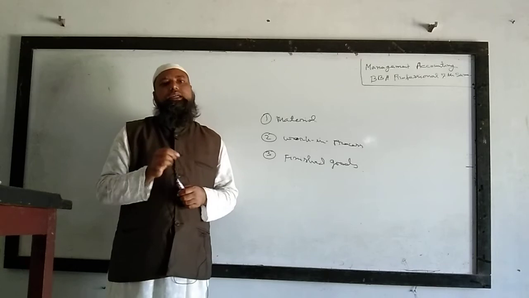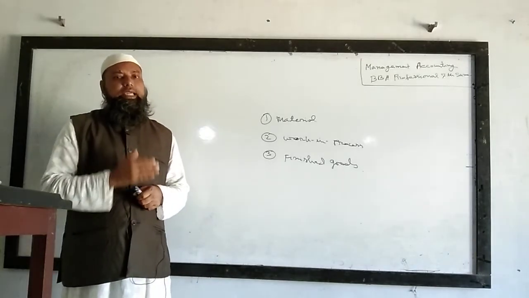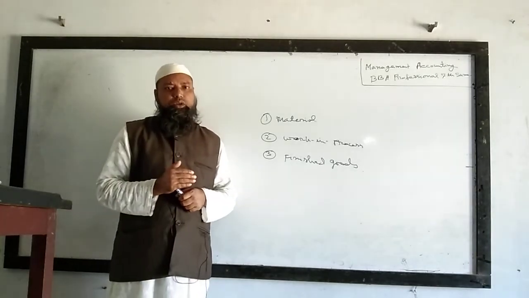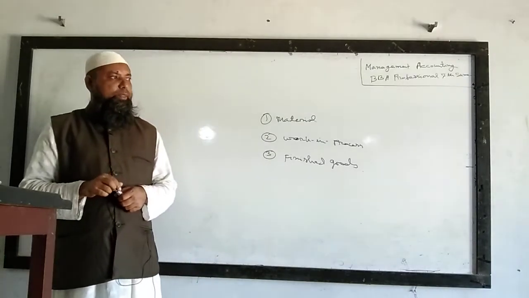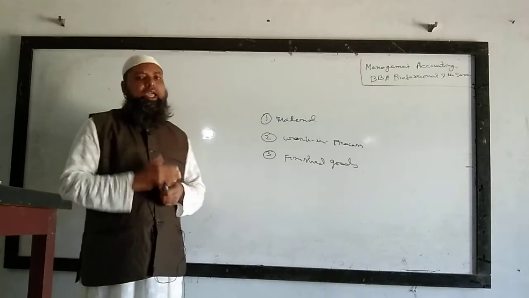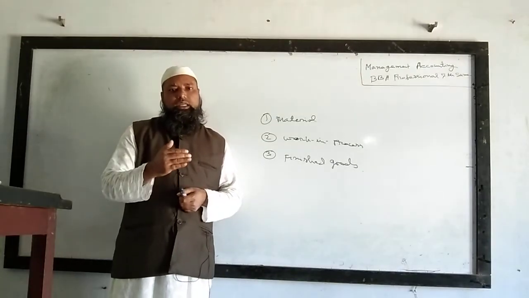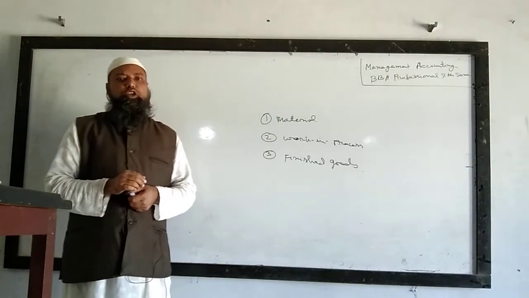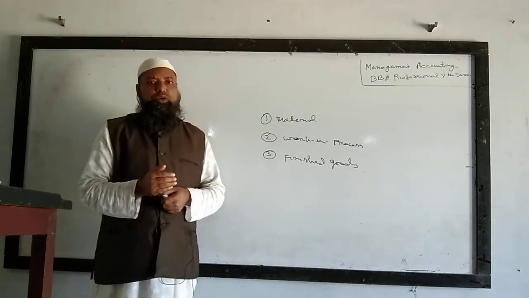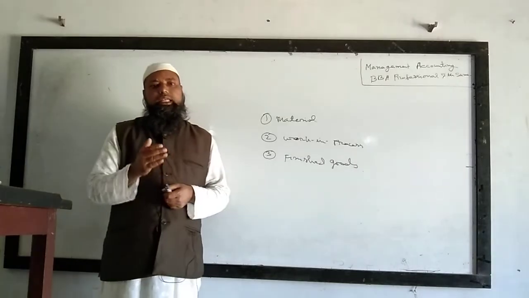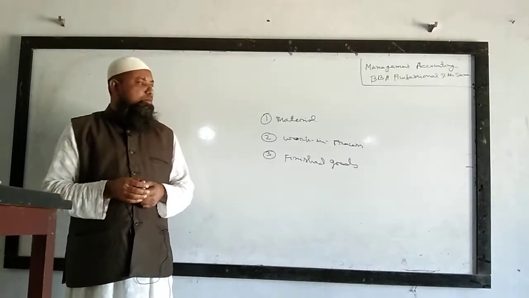Inventory of material on hand at the beginning of the period is called beginning inventory of material, and inventory on hand at the end of the accounting period is called ending inventory of material.